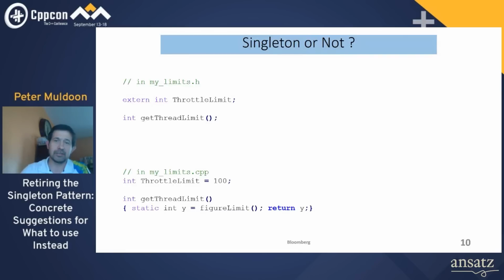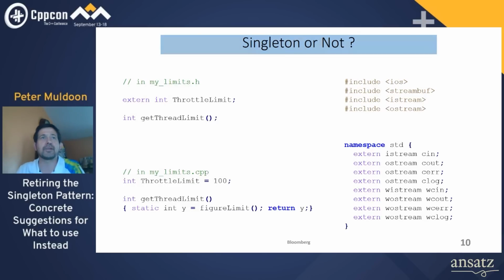So question 2 on the slides. This is something from our own iostream header, where we have cin declared as an external istream, cout is declared as an ostream. Who thinks that cin, cout are singletons? And who thinks they're not?